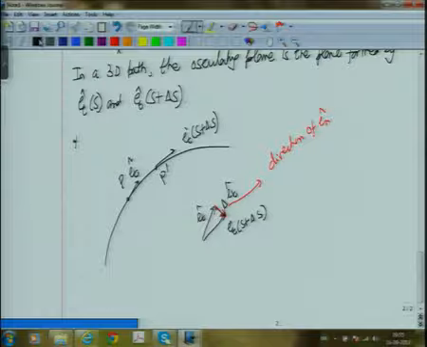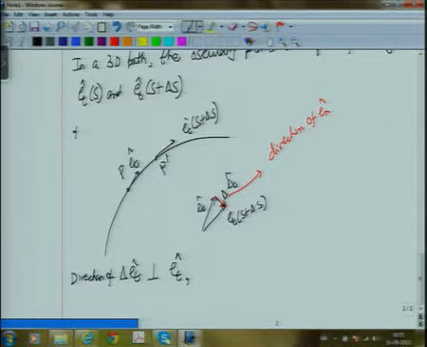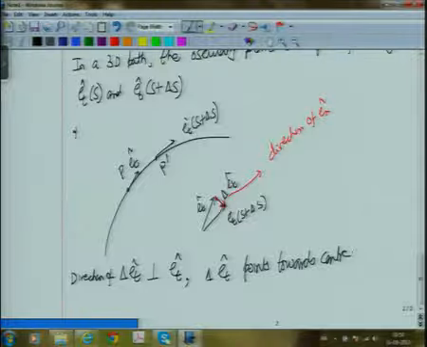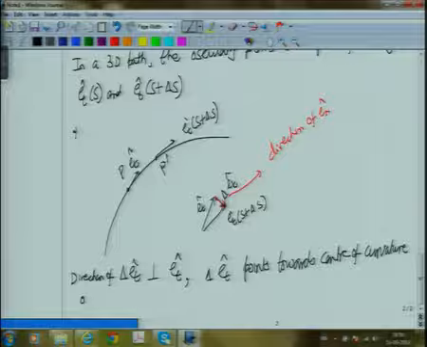So, what we can say is that the direction of delta Et is perpendicular to Et, and delta Et points towards the center of curvature of the path.